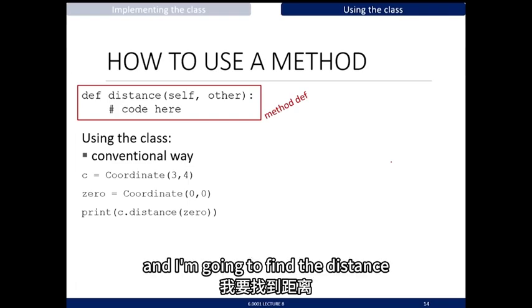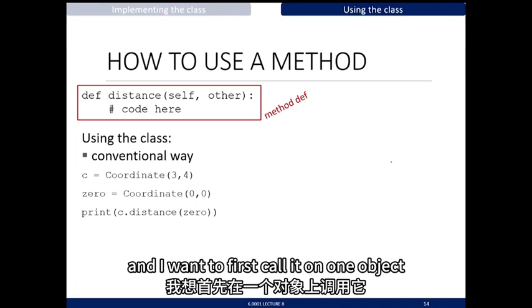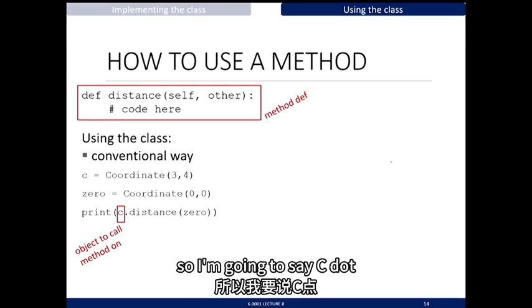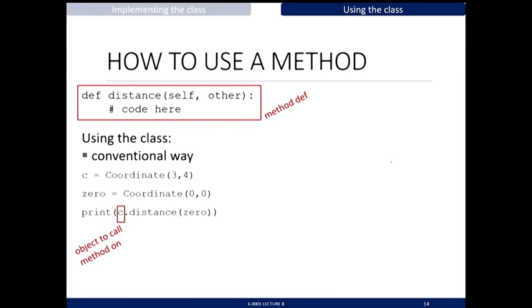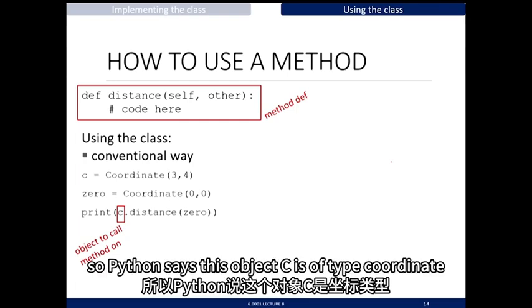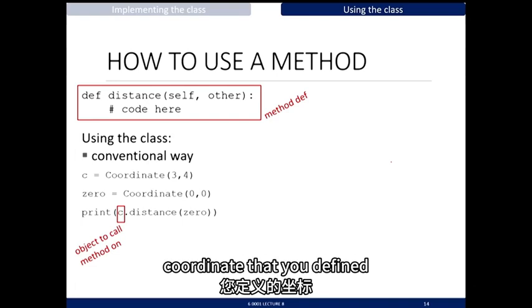And I'm going to find the distance. I want to first call it on one object. So I'm going to say c dot. So I'm using the dot notation to call the method distance on object c. So Python says this object c is of type coordinate. It's going to look up the class coordinate that you defined.